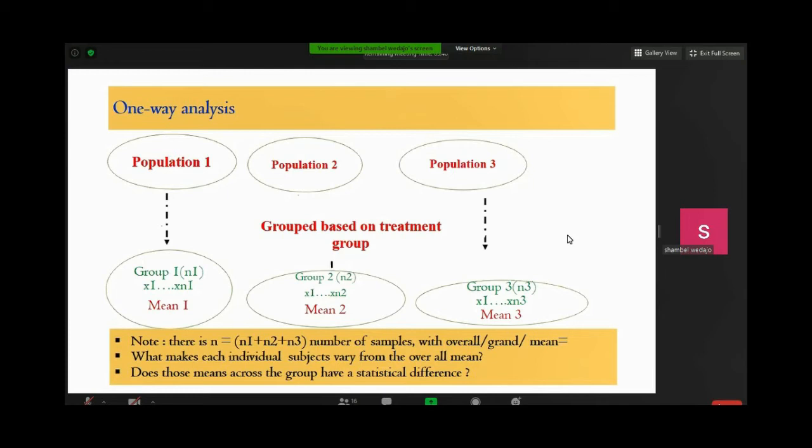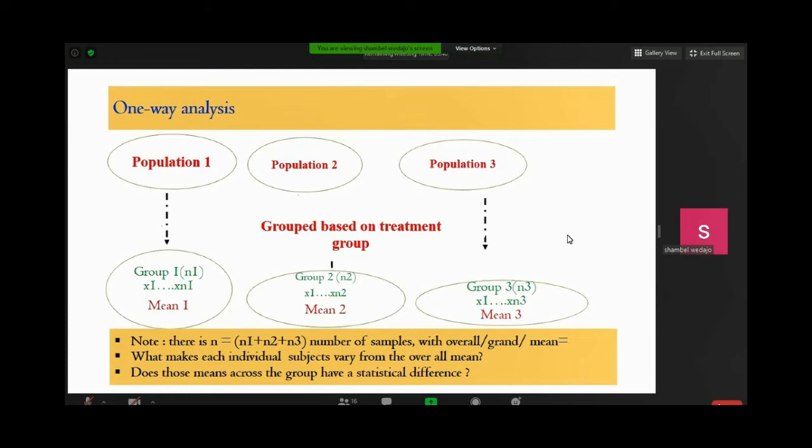Grand mean means that regardless of their treatment group, what will be the overall mean of population 1, population 2, and population 3 in common. That is the grand mean.